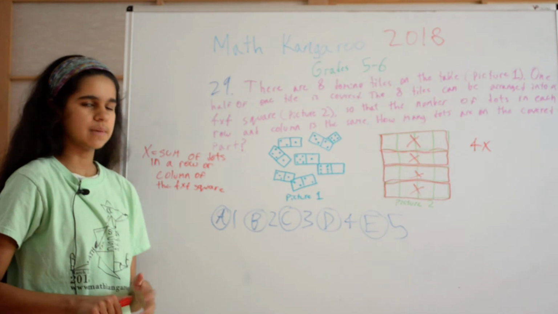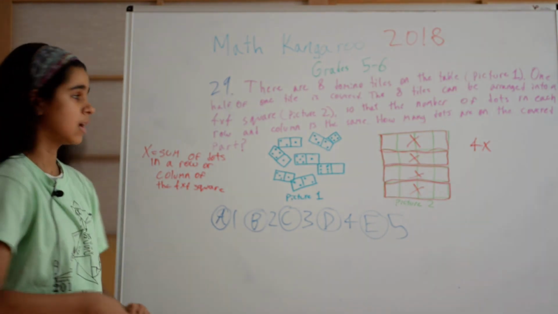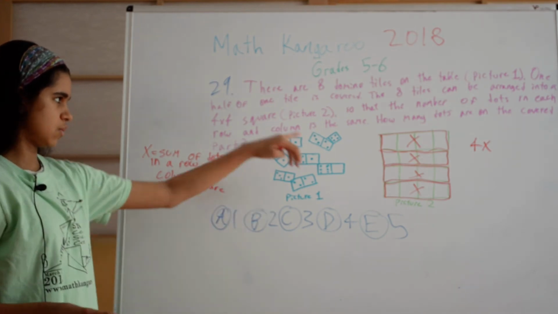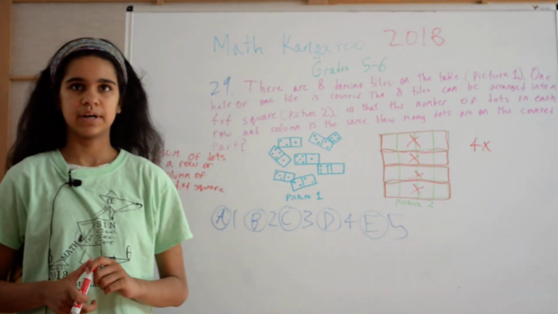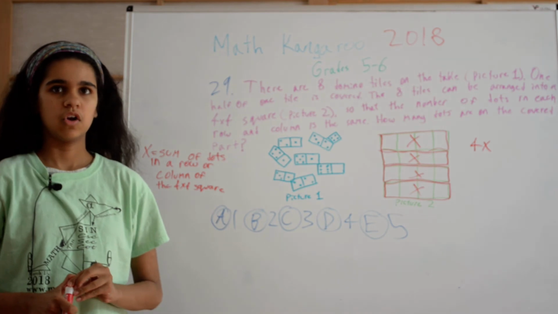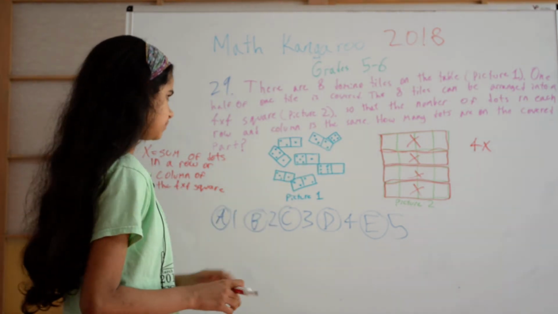And so the sum of all the dots is going to be a multiple of 4, because it's 4 times some integer. So we can sum these up, and we'll have this square left that we can't sum yet because we don't know what it is. But using the fact that the total sum is a multiple of 4, we'll be able to figure out what will have to go there.